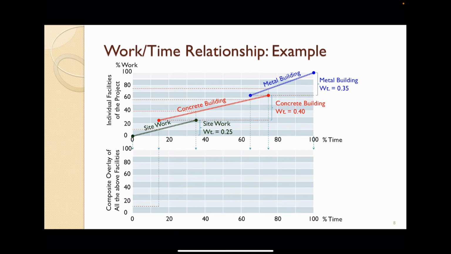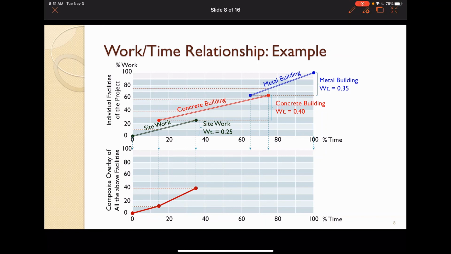In the first 15% time, we only have site work, so it will be the same as the site work. Between 15% time and 35% time, there is an overlap between concrete building and site work. So we can draw a line, basically a line between this point and this point to connect them.